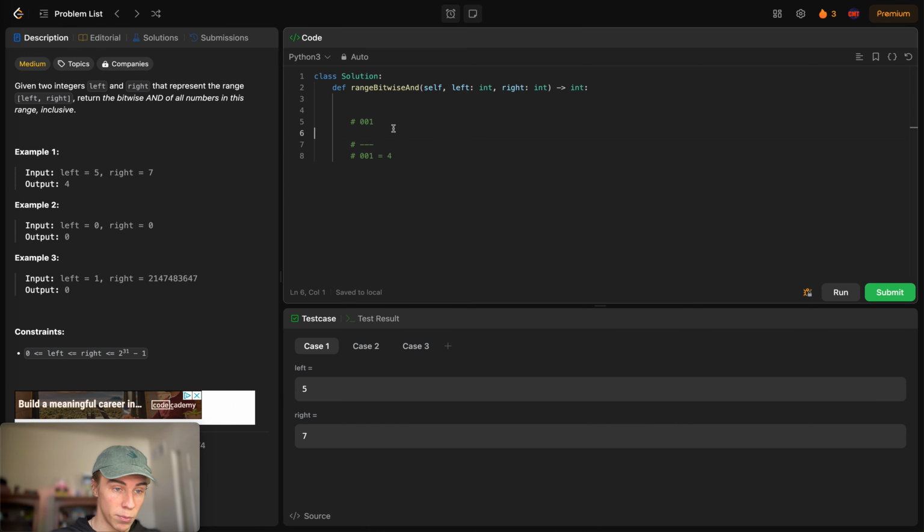Let's look at some properties of binary numbers that could help us. Could we somehow look at all of these columns one by one? Is there a way to look at all of these numbers?